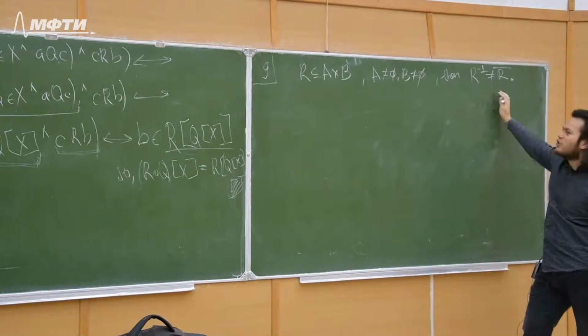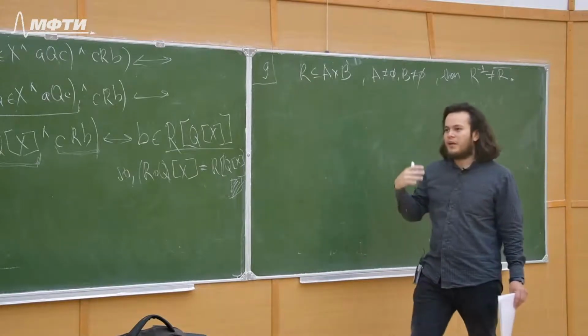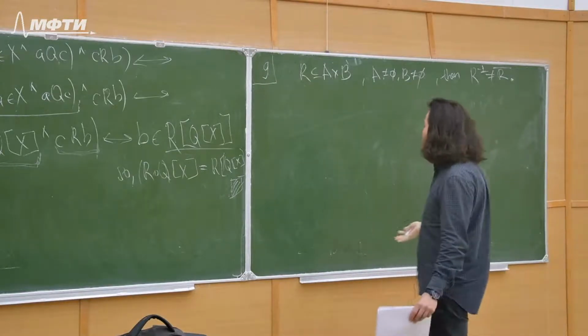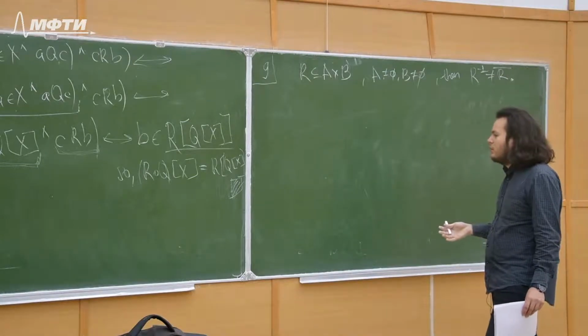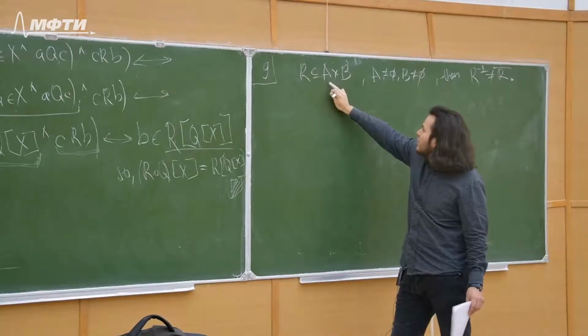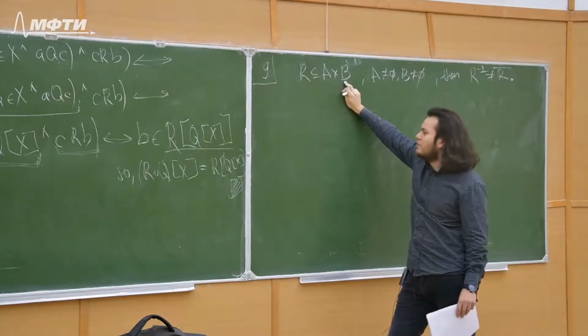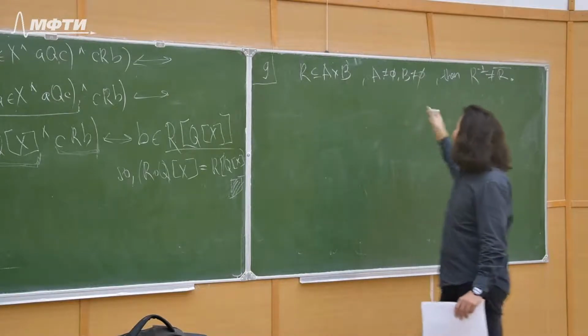So we have to consider all the possible cases for R. R can be empty, R can be non-empty, and maybe the intersection of A and B is empty, maybe it's not. So we have to consider all these cases.